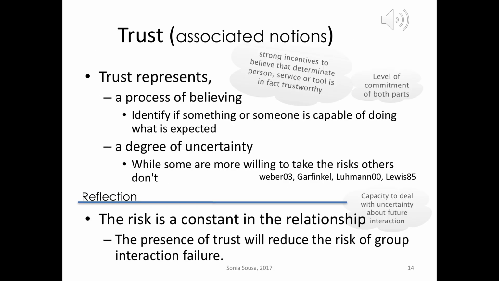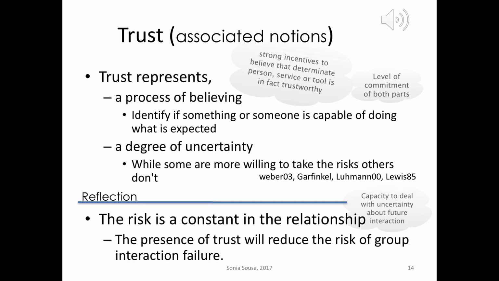Trust is a topic that's been studied for many, many years. Trust has many associated emotions and it has a multidisciplinary nature. We believe that trust represents a process of believing that someone or something is capable of doing what is expected.